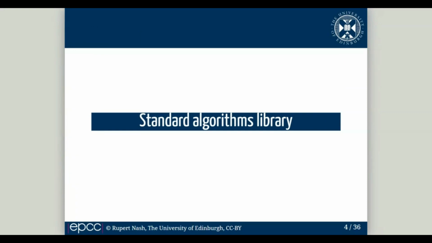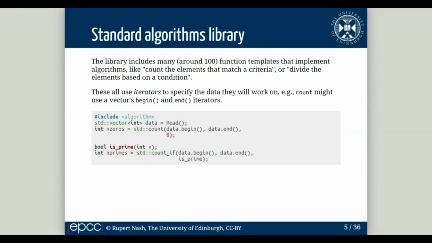But the standard algorithms library provides us with some more options. This provides us with about 100 function templates that implement certain algorithms, such as count elements or provide elements based on a condition. These use iterators to specify the data they will work on.